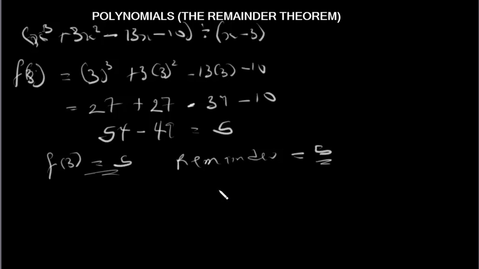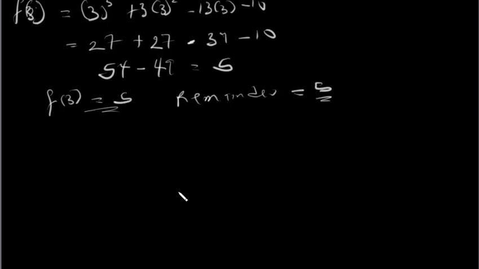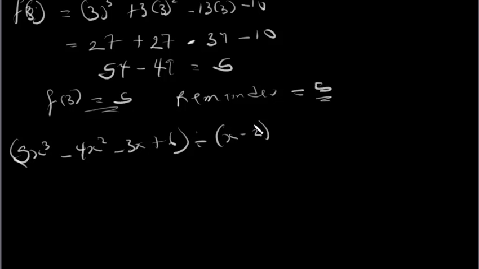Let's take another example. Very quickly, we have 5x cubed minus 4x squared minus 3x plus 6, all divided by x minus 2.